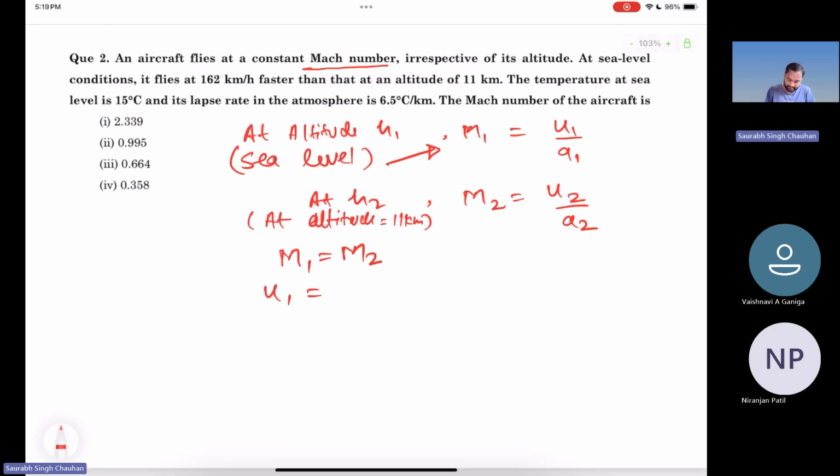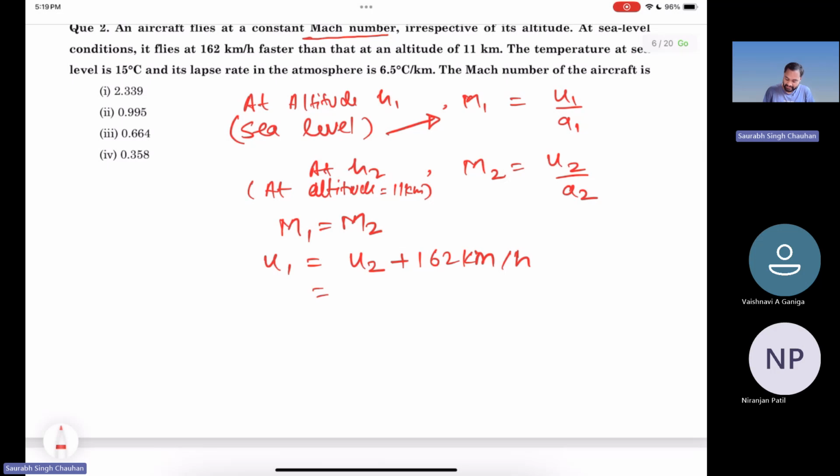So U1 is equal to U2 plus 162 kilometer per hour. If you are writing everything in SI units, you can convert this to SI units as well. So U1 equals U2 plus 162 times 3600 divided by 1000 meter per second. So U2 plus how much? 45, I think.